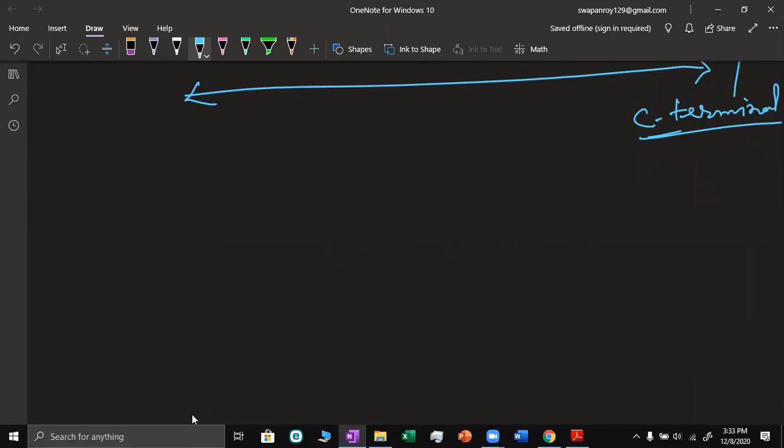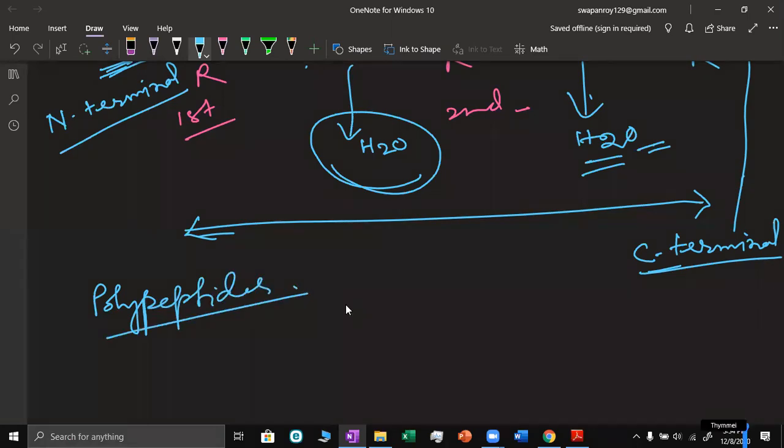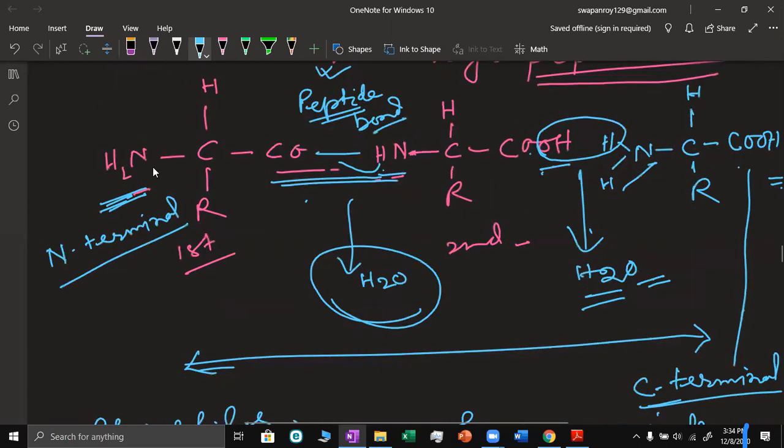Let's see what happens in this polypeptide. In polypeptides, hundreds of amino acids are there, in a sequence.